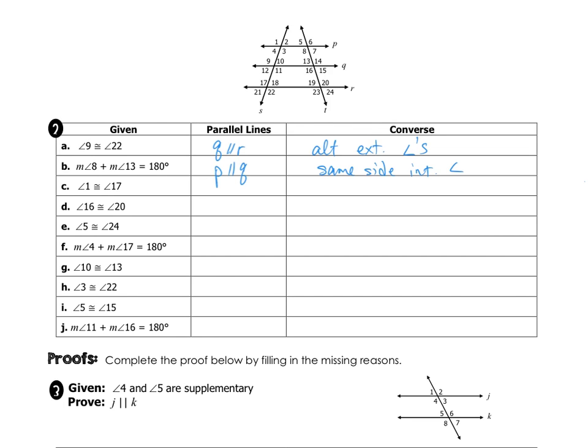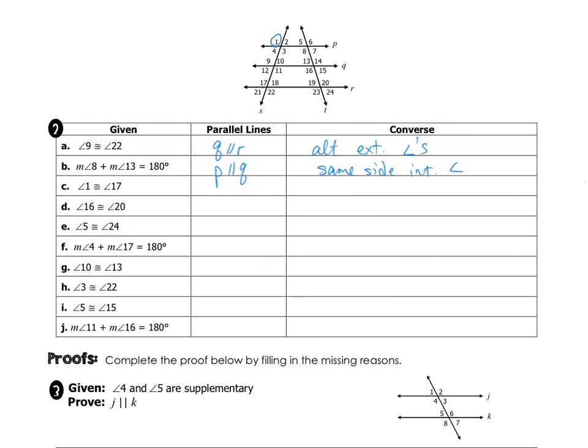If I have angle 1 here, and what's the other one? I have angle 17 here. That doesn't help us. Never mind, let me just erase that so that we can see this. I'll just use my pen.